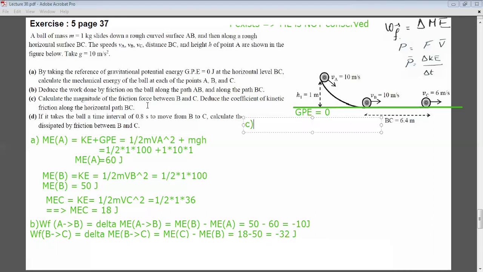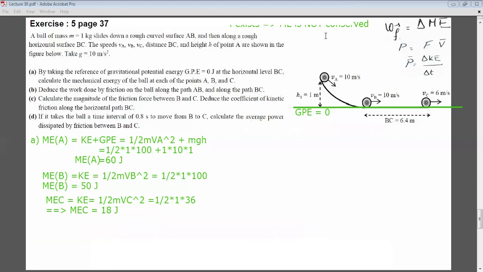Calculate the magnitude of the friction force between B and C. We have the work done by friction, and they're asking us to calculate the friction force. So the work done by friction between the points B and C is equal to what?